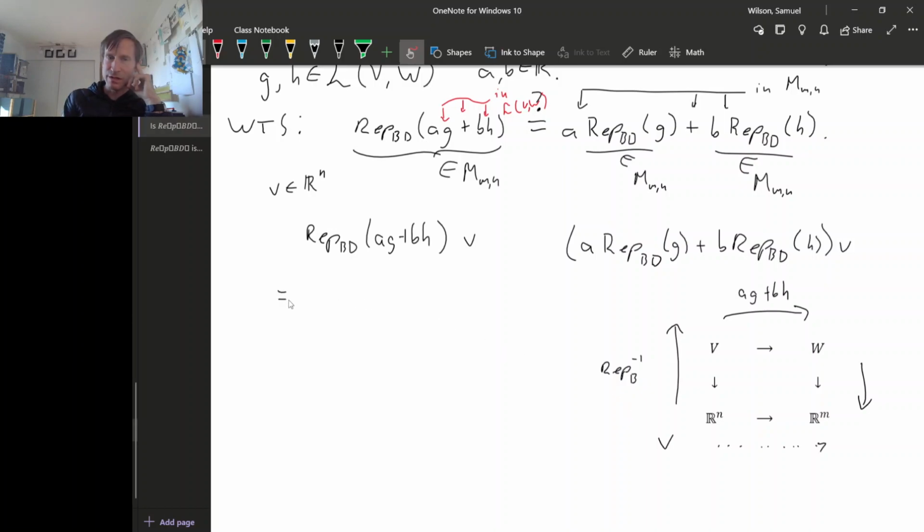So this is the same thing as: start with v, do rep B inverse to get to V. Then you do the linear map, which is AG plus BH. This is supposed to be an A. Okay, that's across the top. Then you go down the right-hand side, and this is rep D.